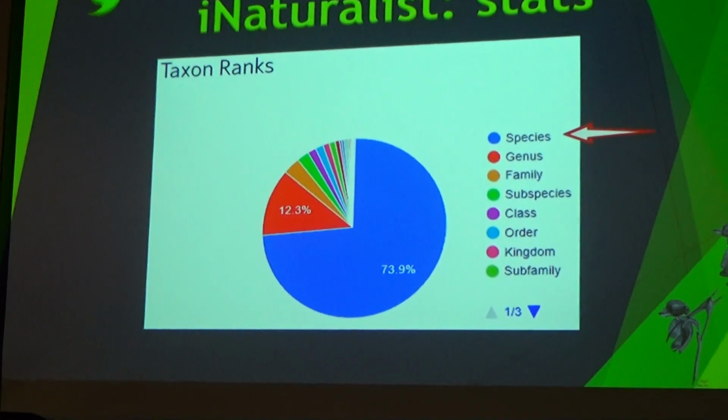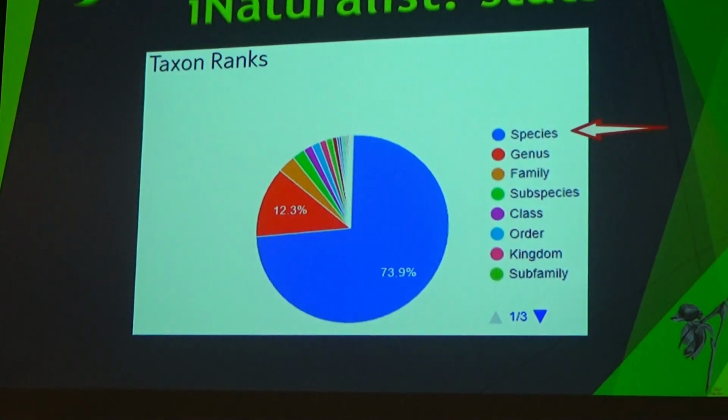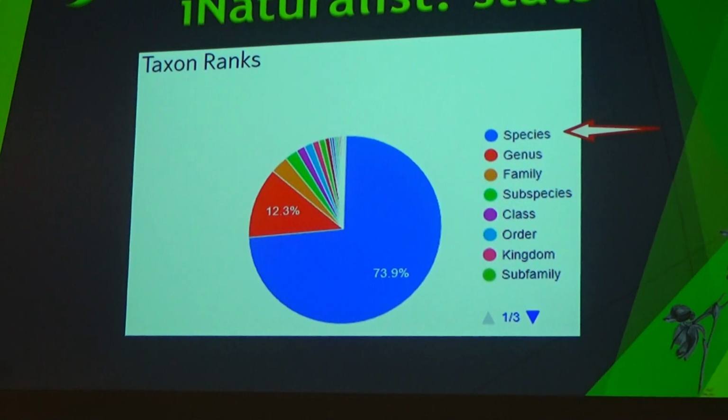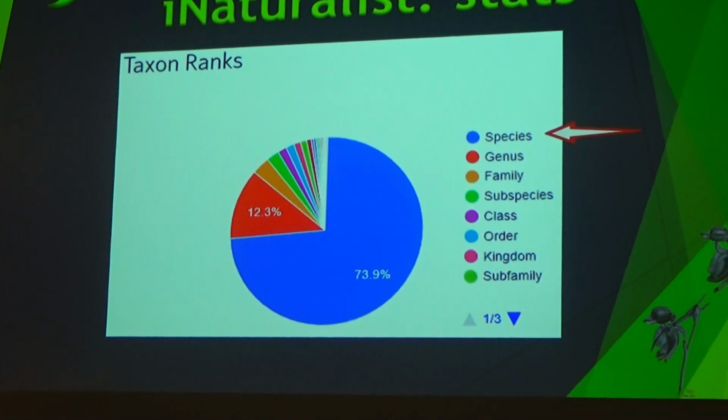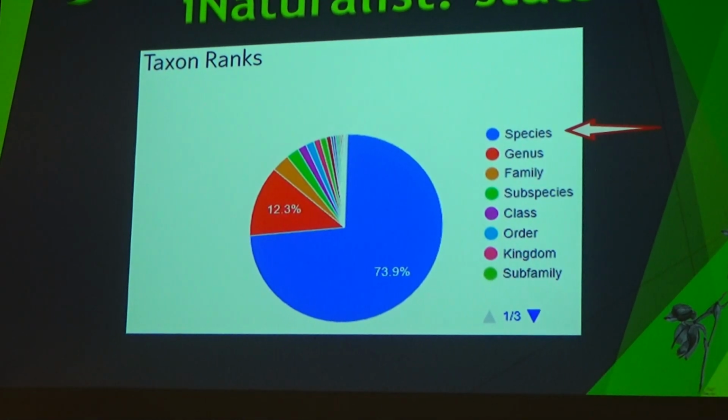The other is, you may not have supplied enough information to get it down there. So about 3/4 of all the observations on iNats are at species level. So that is actually very good. I'm quite happy with that percentage.